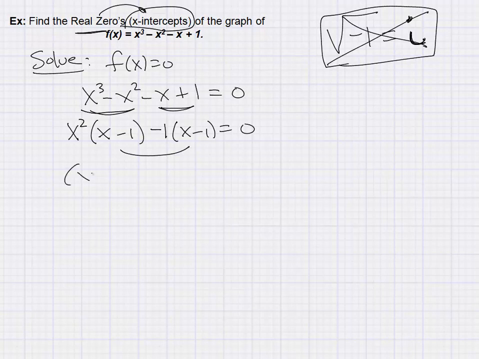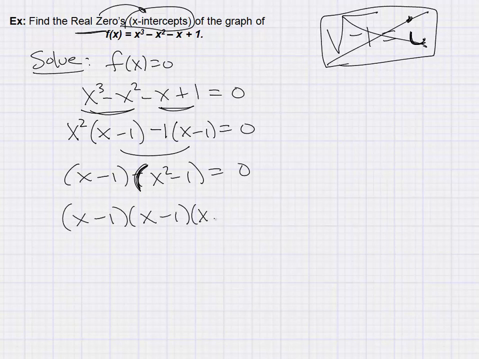So if I pull that common factor out, I'm left with x squared minus 1. Well, x squared minus 1 can be factored even more, so I get x minus 1 times x minus 1 times x plus 1 equals 0, which I can actually write as x minus 1 squared times x plus 1 equals 0.